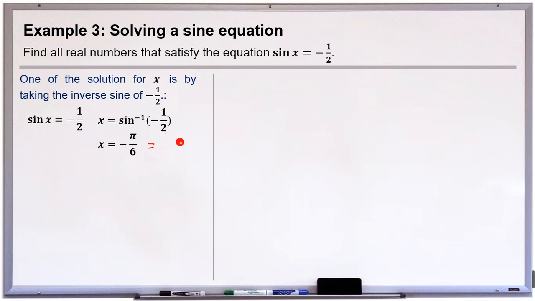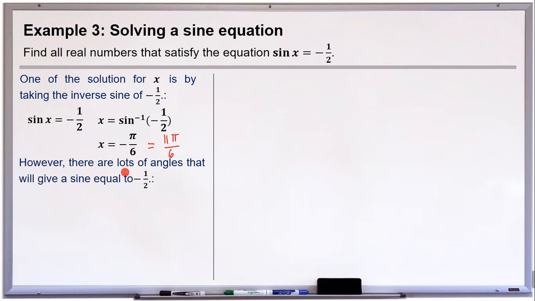The angle is 2 pi for one full turn, so it will give us 11 pi over 6. This is the angle in standard position, which is equivalent to -pi/6.